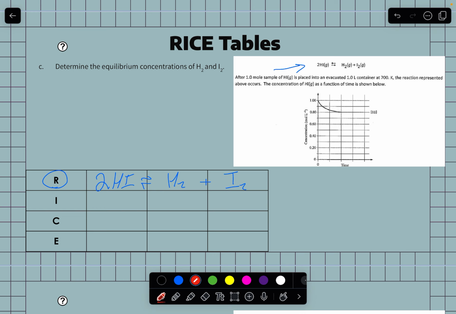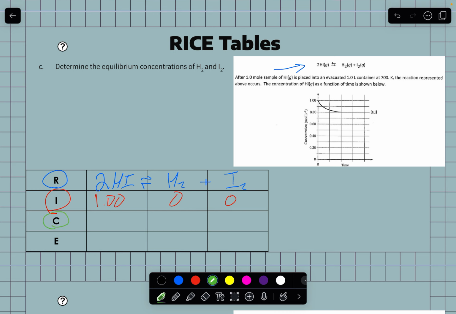The I is our initial values. Our initial value for HI was 1.00. For our products, if the reaction hasn't happened, we don't have products, so our products are always going to be 0 at the start.